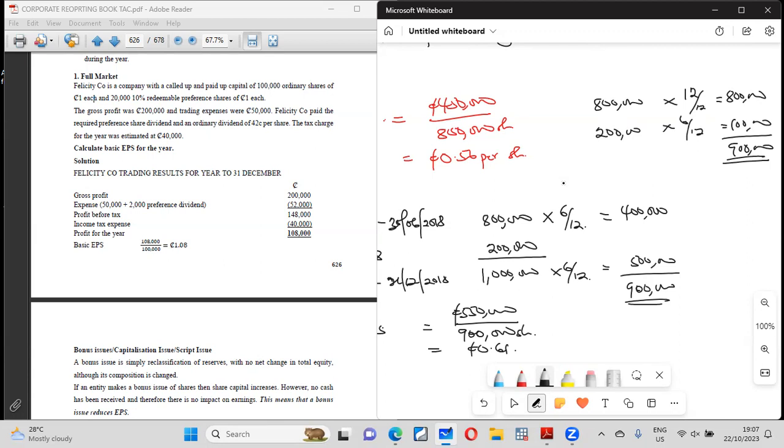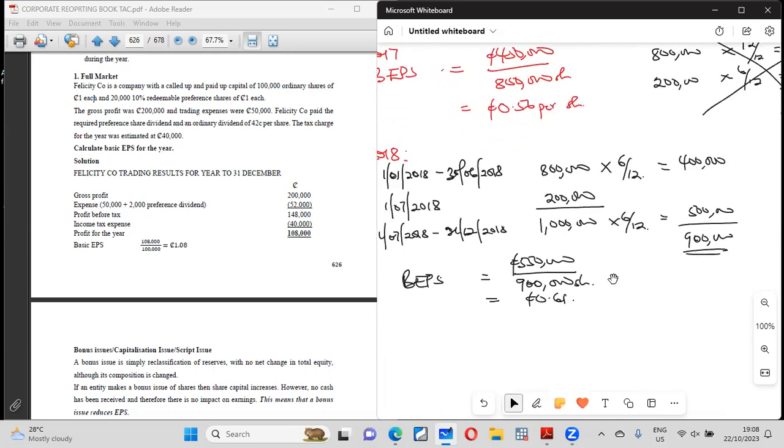Don't use this practice when it is a rights issue and bonus issue and those things. You may make a mistake, all right? The best advice I can give you is don't go this direction. Always use this direction. And I know why. As we progress, you will understand why I want you to go by this direction.